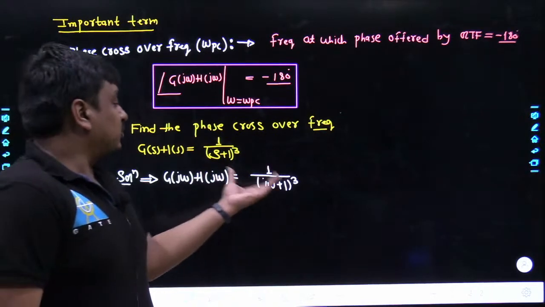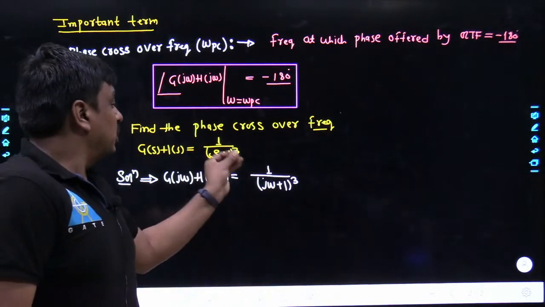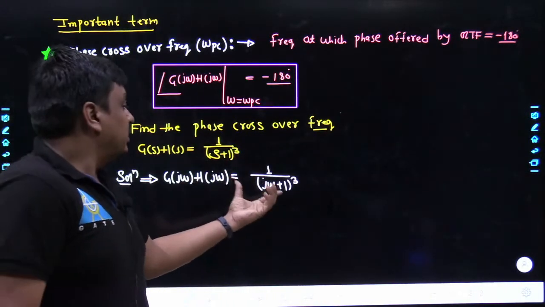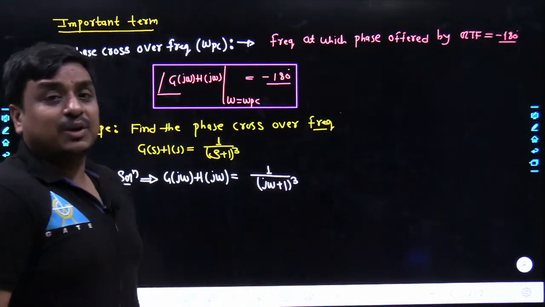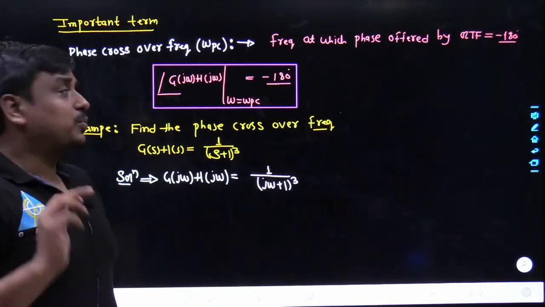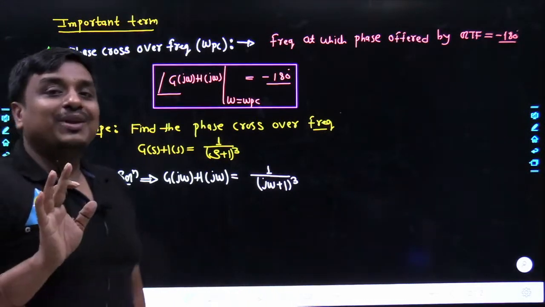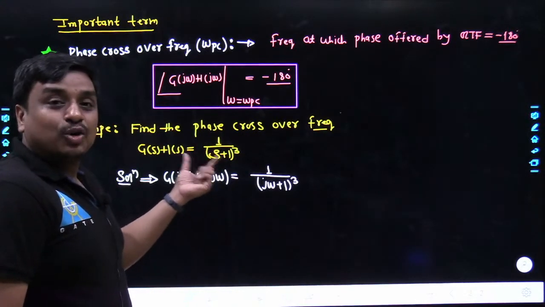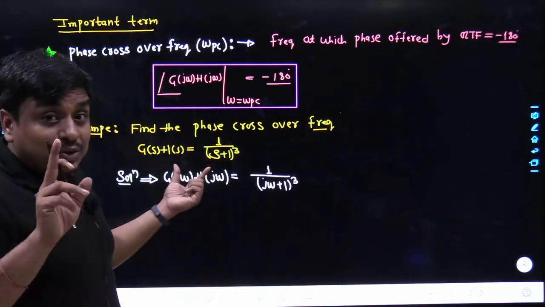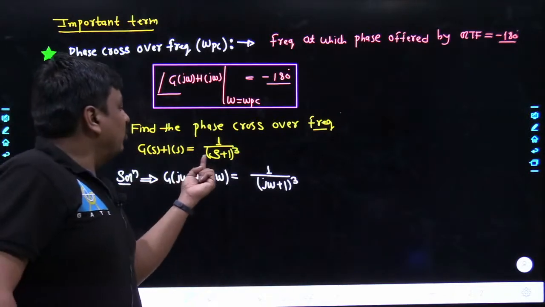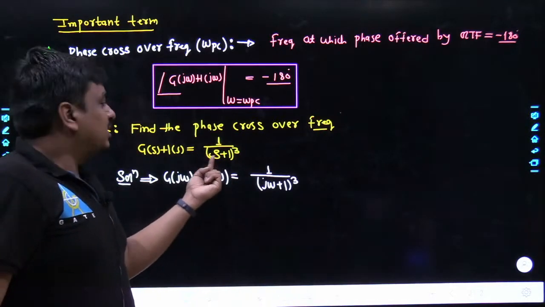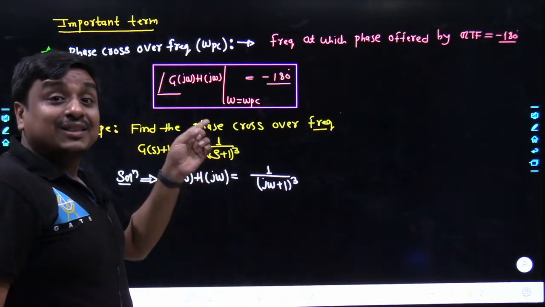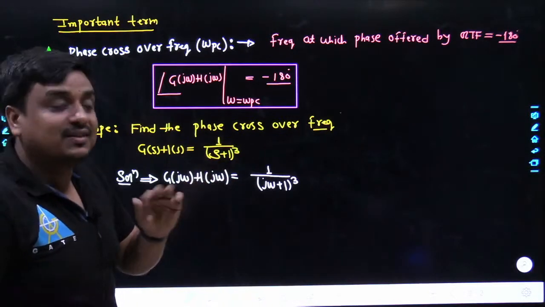My focus is just to get the angle offered by this complex function, which is 1 upon (j omega plus 1) to the power of 3. It has been communicated earlier that if the transfer function comes towards the denominator side, definitely the impact is negative in nature. And how many times has this pole been repeated? Three times, so the 3 would get multiplied with its effective angle.